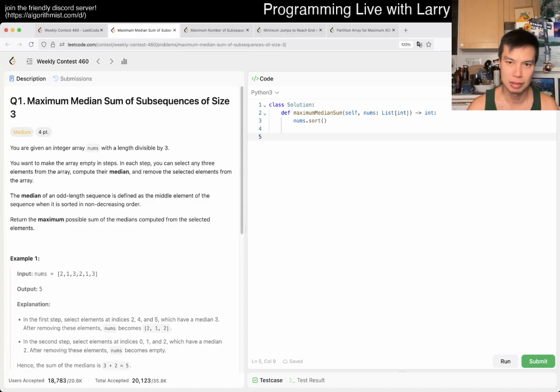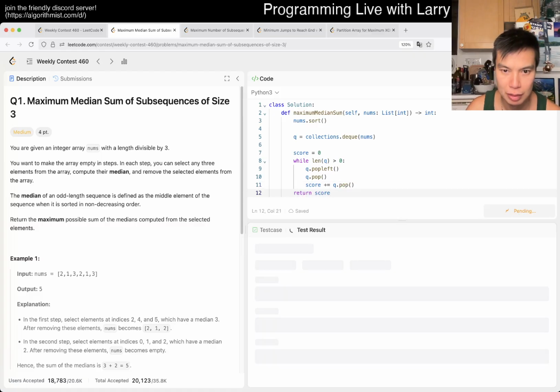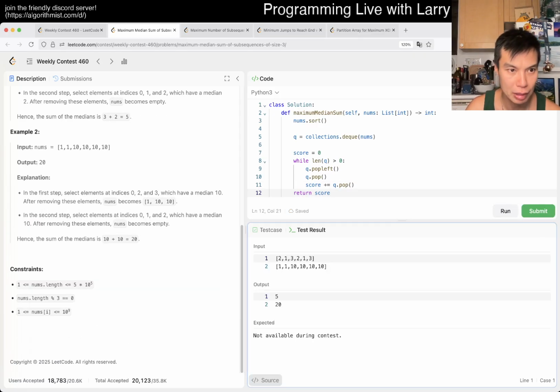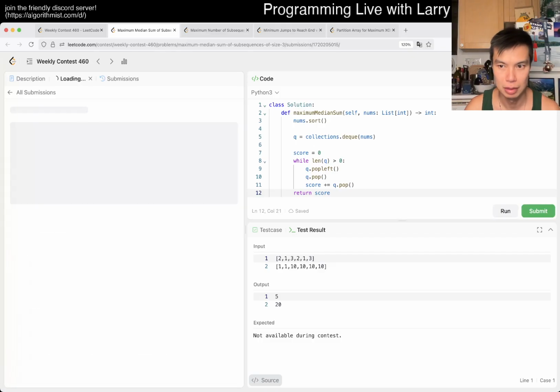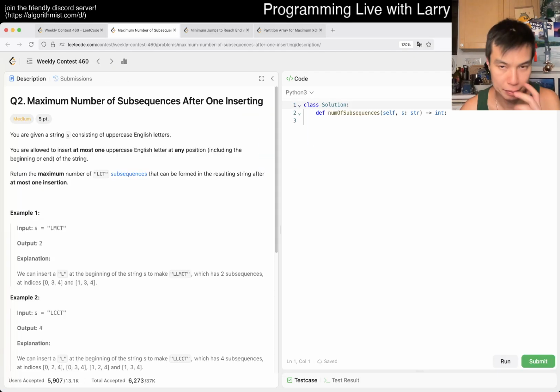So then just put in a Q. Q dot pop left, Q dot pop, and maybe something like this. Let's try it out. 5 and 20, YOLO submit. Okay, good.